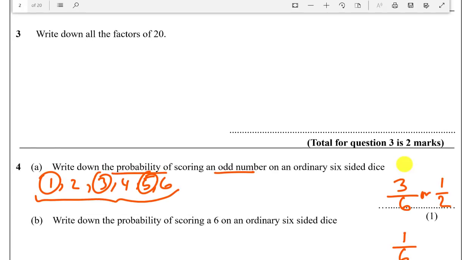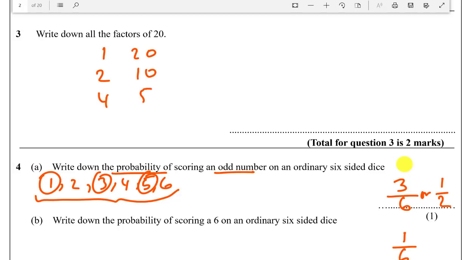Number 3, write down all the factors of 20. Now, when you get a question like this, always write down the factors in pairs. So which 2 numbers times together gives me 20. So 1 and 20, 2 and 10, and 4 and 5.